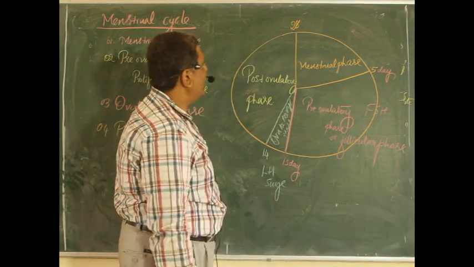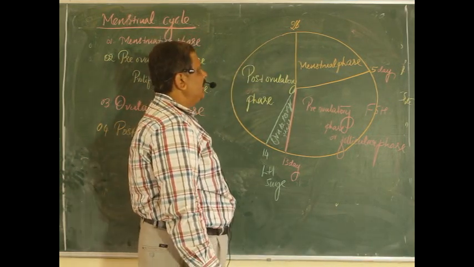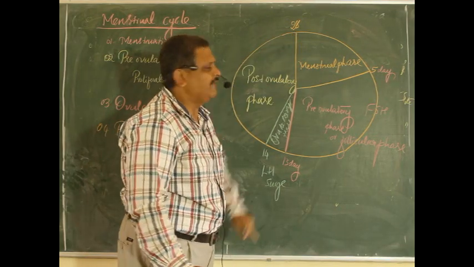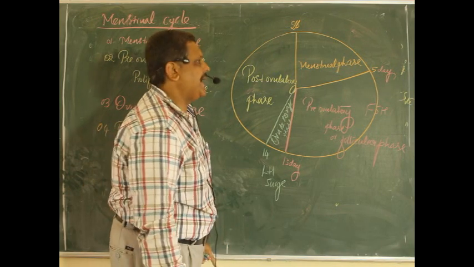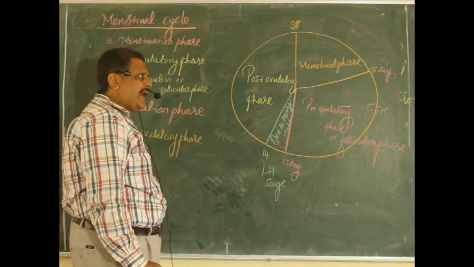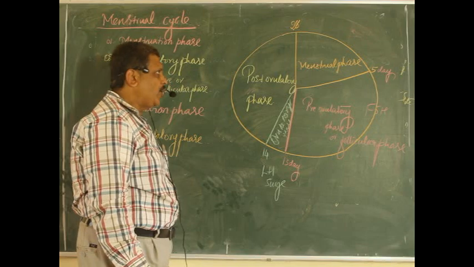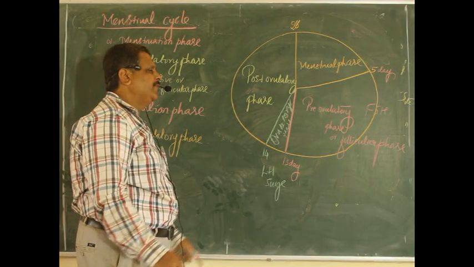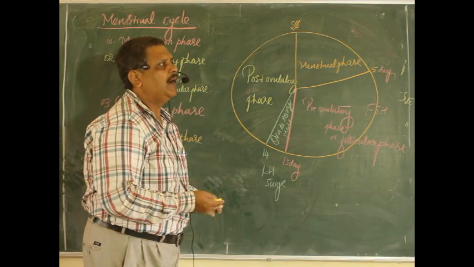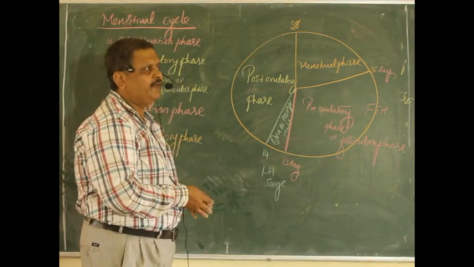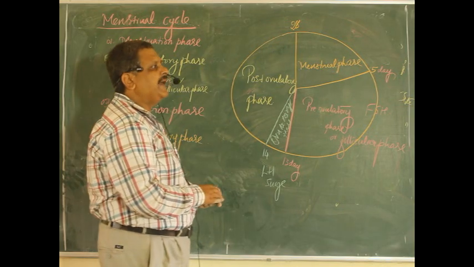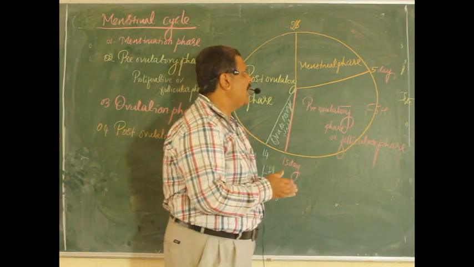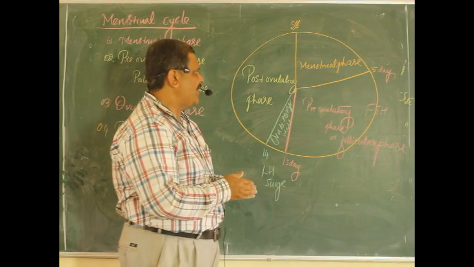The menstrual phase is from the 28th to the 5th day, where the endometrial layer, which is deteriorated or unable to receive the embryo, will be thrown out from the uterine wall, and that is called the menstrual phase.